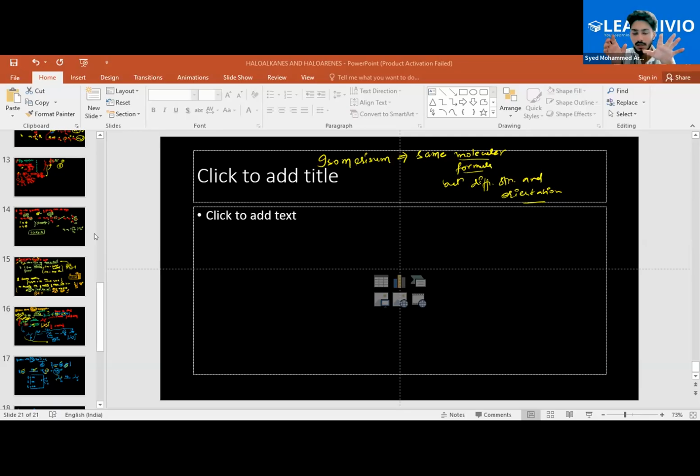In that isomer, we have a classification of structural isomer and optical isomer. And there is another thing, conformational isomer. So there are lots of isomers. In the structural isomer, there are five or six different types, like tautomerism, ring-chain isomer, positional isomer, and chain isomer.